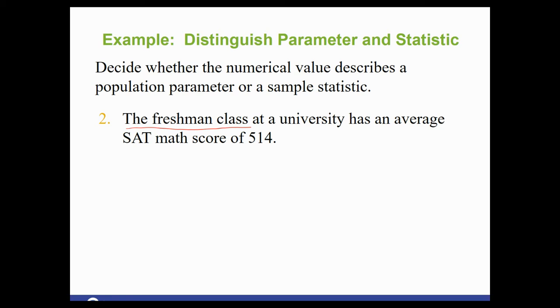This one's kind of tricky sometimes because it doesn't say all, it doesn't say the entire or every, but the word the in this case is implying we're talking to all of them, the freshman class, everybody in there. So all of them means that this is going to be a population, which means the number that they're talking about is our parameter. And our parameter is that number, that average of 514.